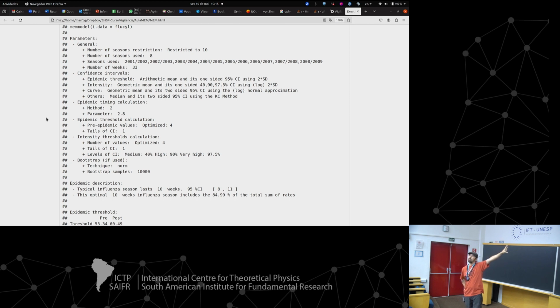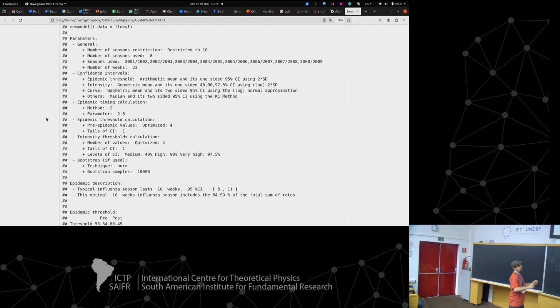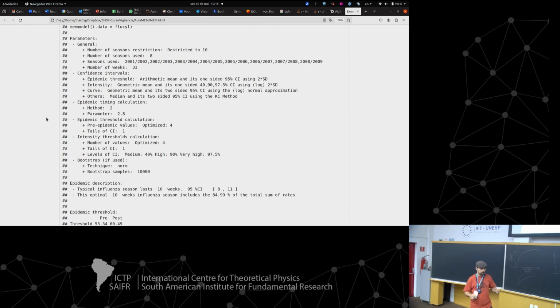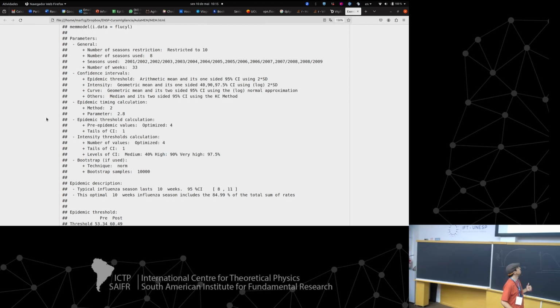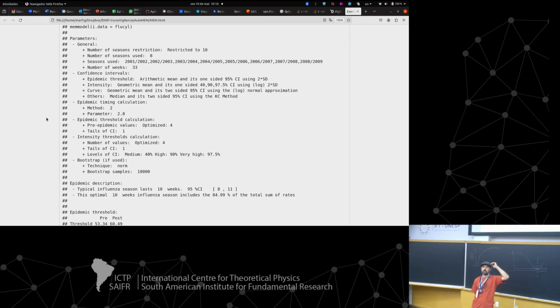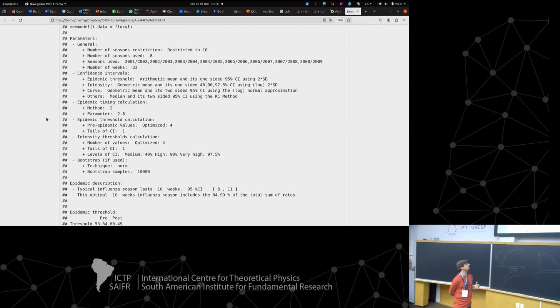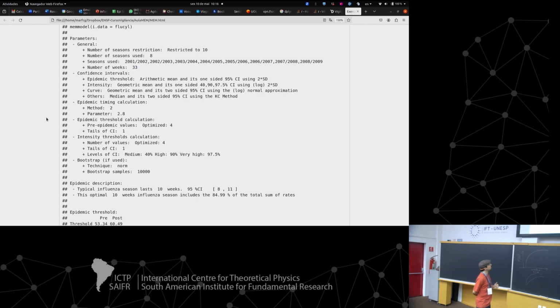Okay, I'm not going over the details because we don't have time for that, but just showing here some of the aspects that you might change, and looking at the documentation for the function, you have the description of each parameter that you can change, what each change means, and so on and so forth.